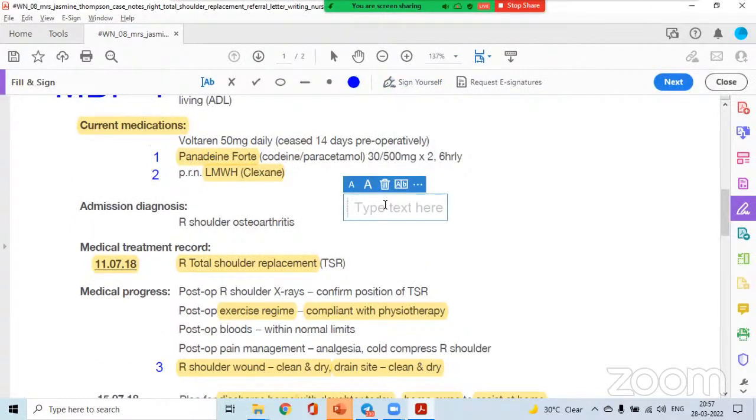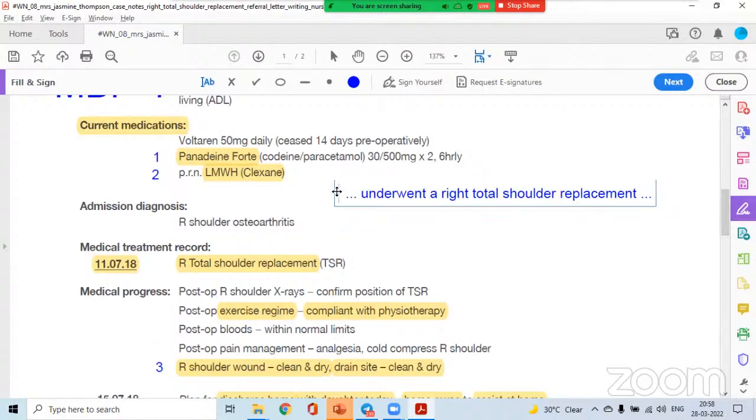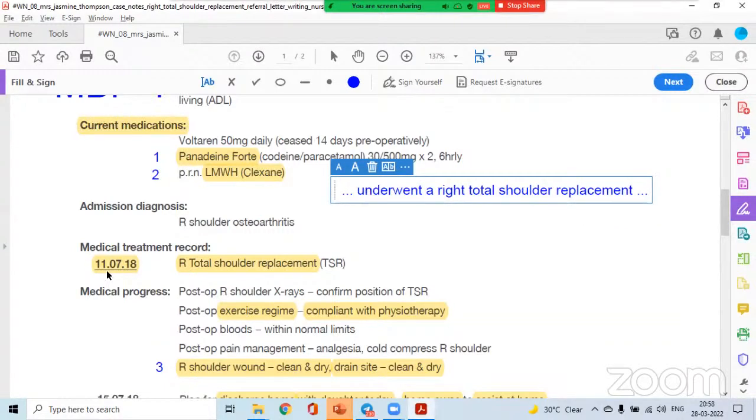She underwent, I'm not writing the complete sentence, underwent right total shoulder replacement. This one you can write. You want to say underwent right shoulder replacement on 11/7/2018. That is what you can write.